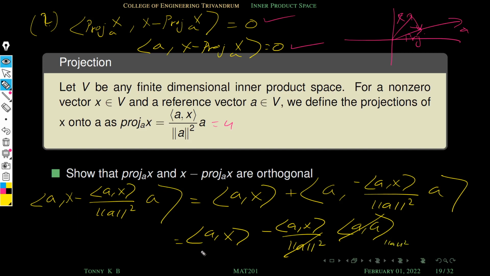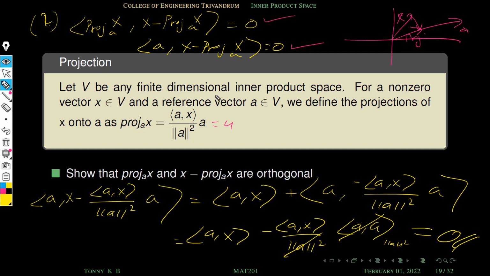Now this becomes the inner product of a and x minus the inner product of a and x, which is equal to 0. So it is clear that a and x minus the projection are orthogonal. Because the projection and a are in the same direction, the projection of x and x minus the projection of x are orthogonal, similar to our two-dimensional geometry.